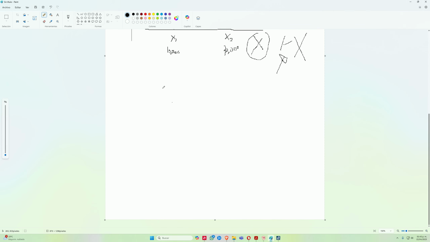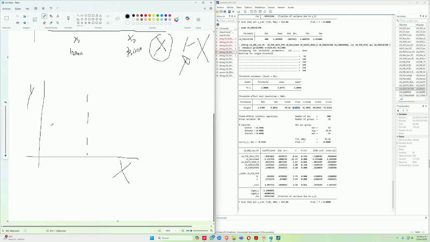In this case, we have the GDP, one threshold, and the values are 0.28 in the first half, and 0.27 in the second half. Okay, according to the threshold test, the threshold exists. This is the first step.